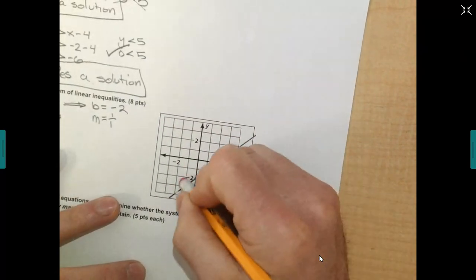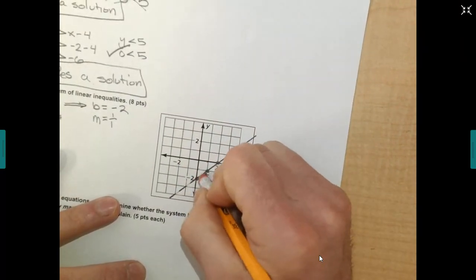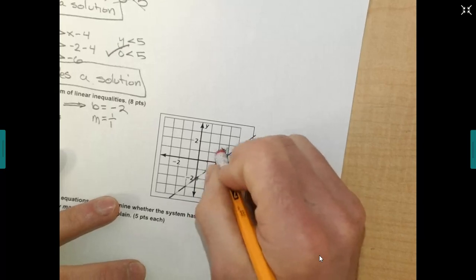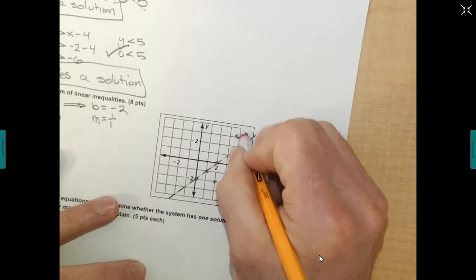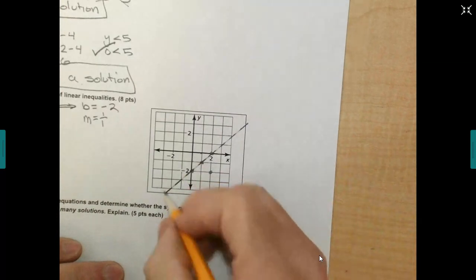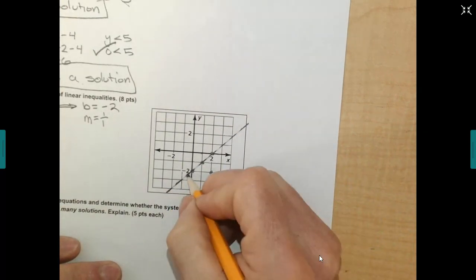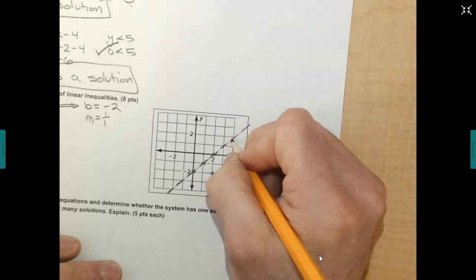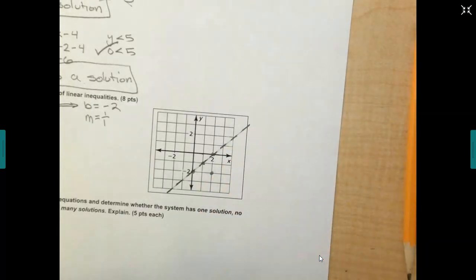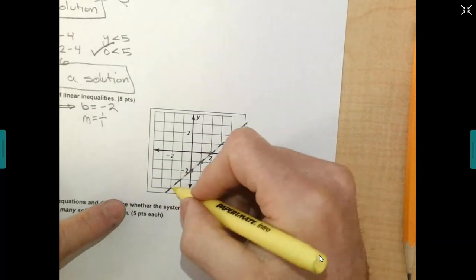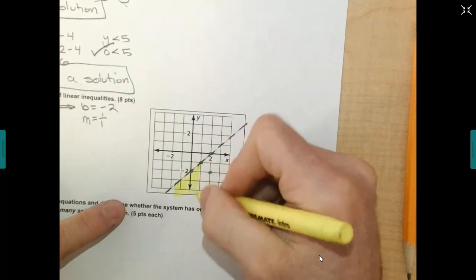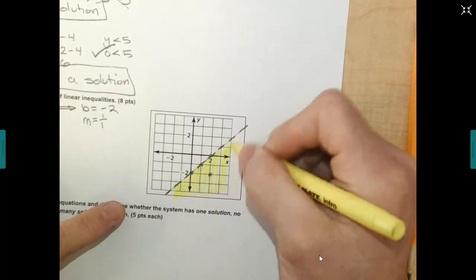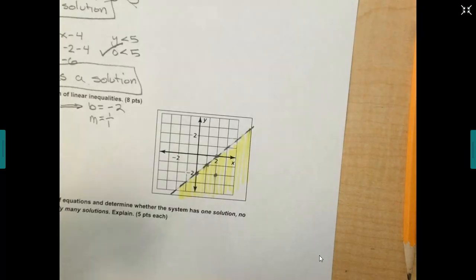This is a dotted line, a dashed line, because it's not equal to. So fill in all the stuff down below. So that's our green one.